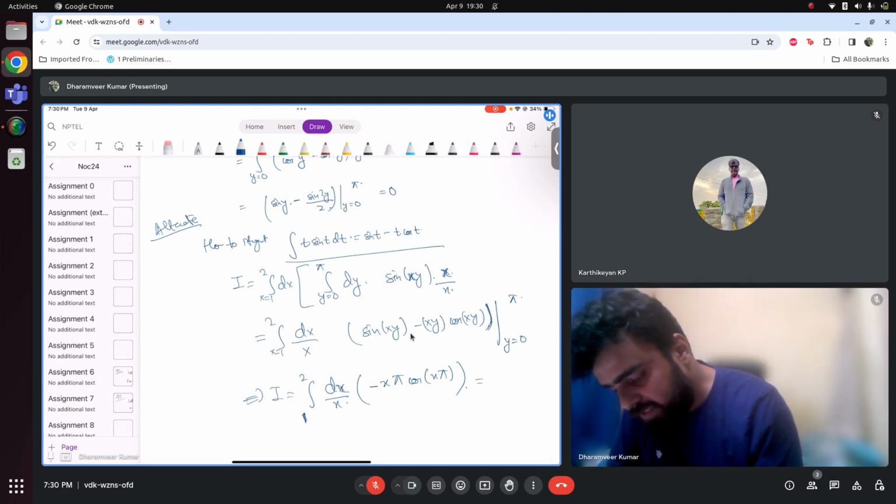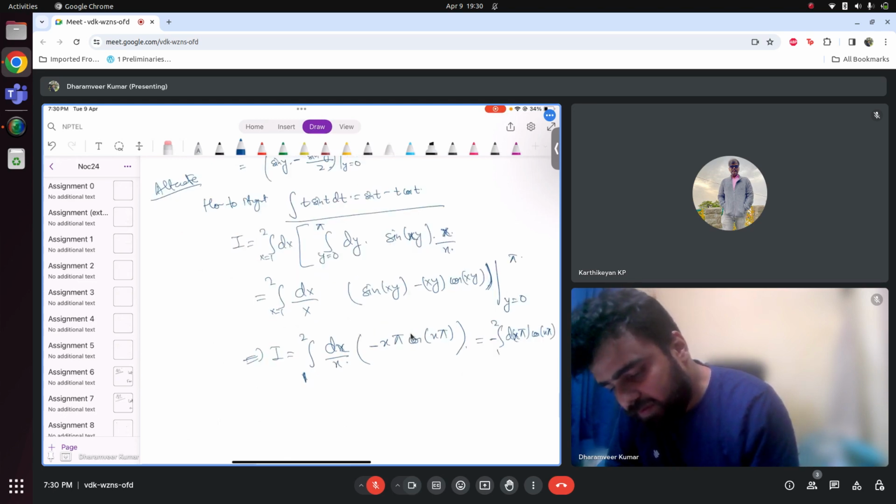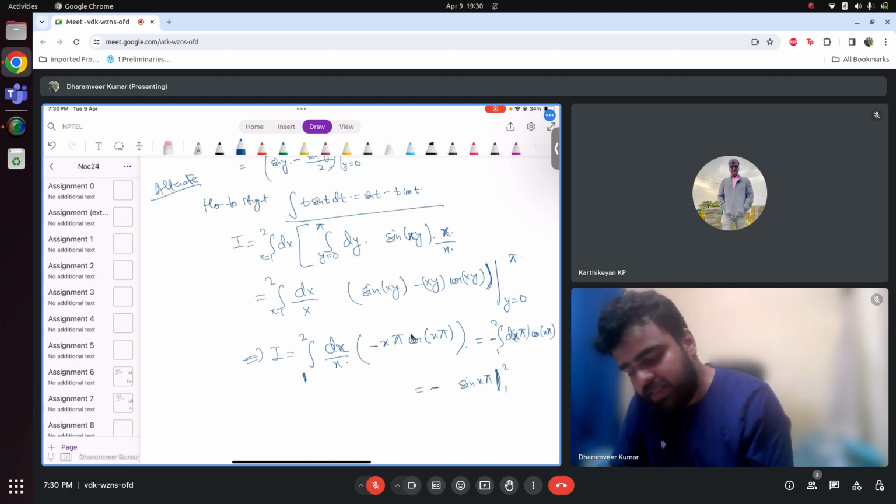So this will be just minus d of x pi cos of x pi from 1 to 2. This will be minus of sine of x pi from 1 to 2, and then it will be 0.